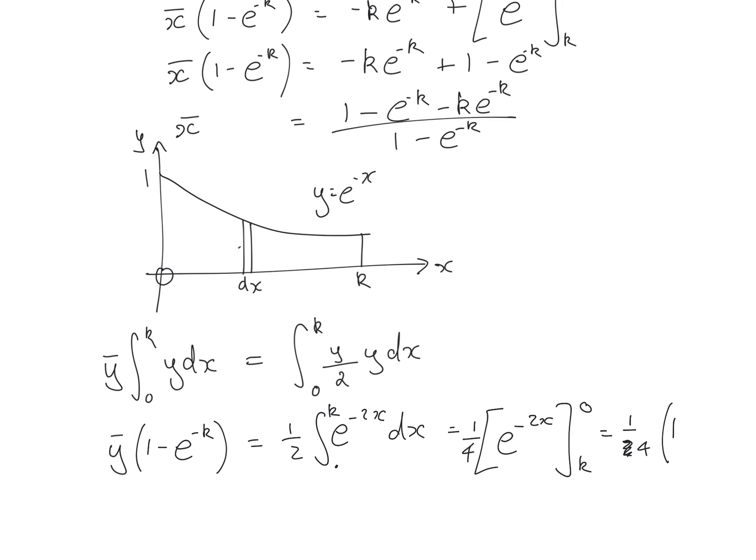Put the 0 in first, 1 minus e to the minus 2k. So our y bar equals 1 minus e to the minus 2k over 4, 1 minus e to the minus k. Done.